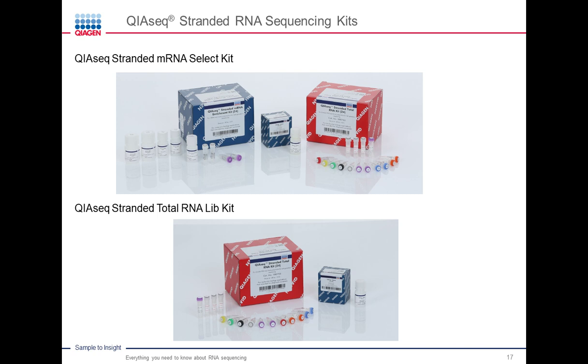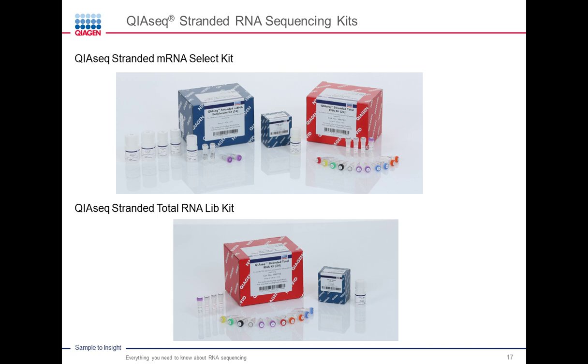So at QIAGEN, we have two kits here. We have the QIAseq Stranded mRNA Select Kit. What this kit enables is mRNA enrichment and subsequent library prep. And we also have a QIAseq Stranded Total RNA Library Prep that can accommodate samples that have been ribodepleted. Now, if you're looking at the current menu of offerings from QIAGEN, we do not have a ribosomal depletion kit listed on the website.